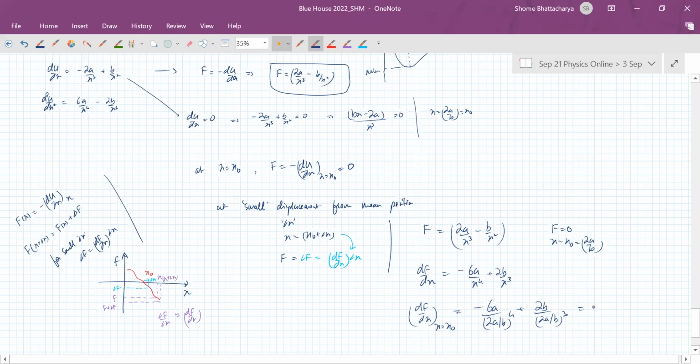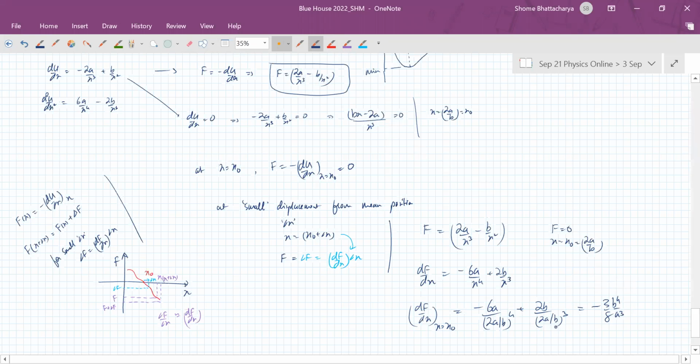We will have minus 6 divided by 2 to the power 4, so that is 16. So minus 3 by 8, b to the power 4 by a cube.